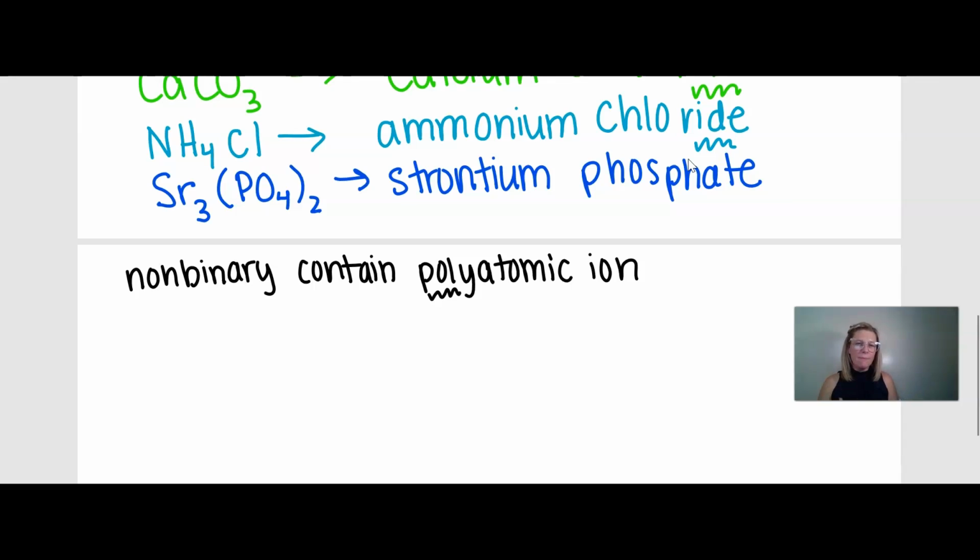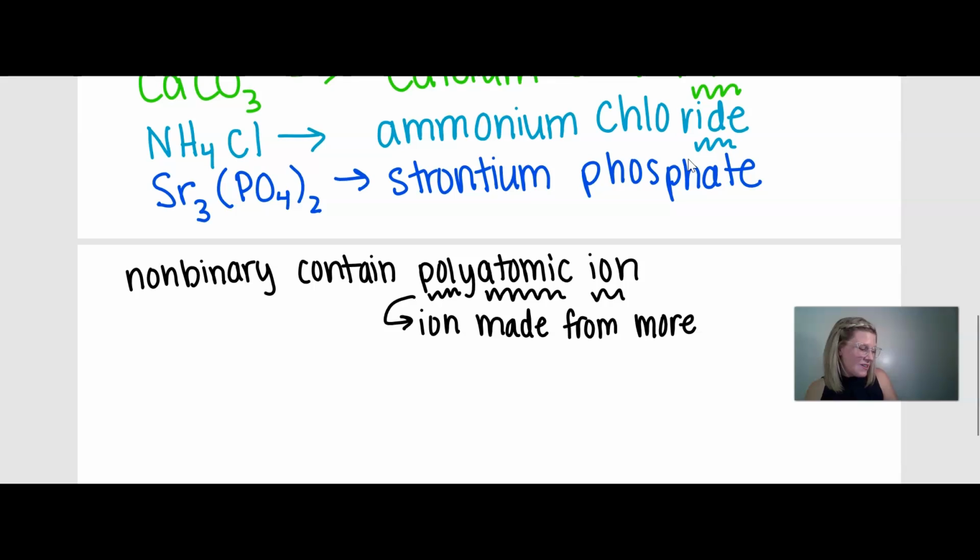In history class, you may have heard the term polytheism or polytheistic, which means you typically believe in many different gods. So poly means many. When we're talking about a polyatomic ion, we are talking about an ion made from more than one atom.